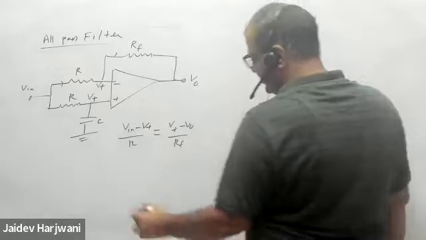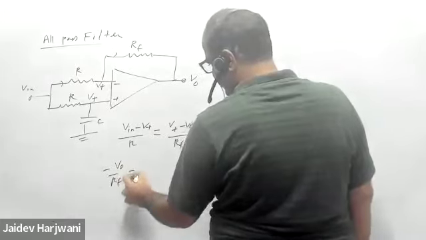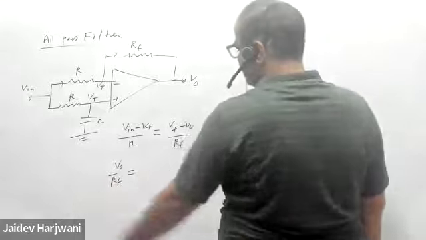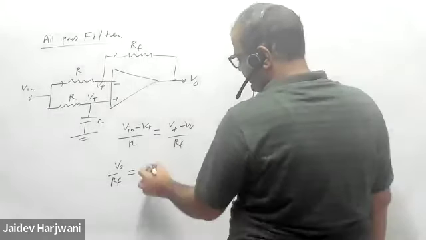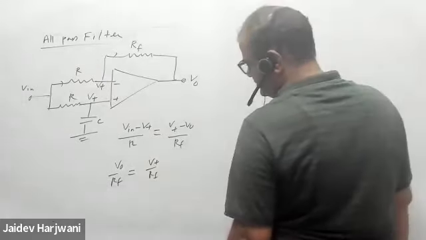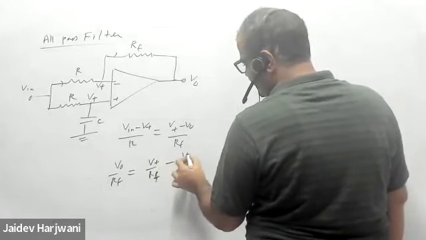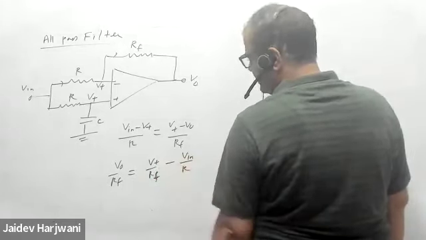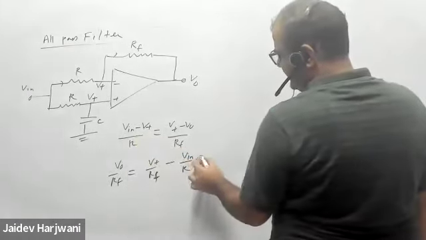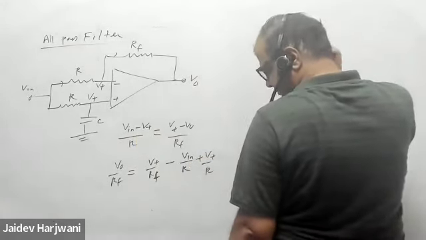Now you can tell me what is V naught. V naught RF is equal to V plus RF, minus V input R, plus V plus upon R. Solve this one.